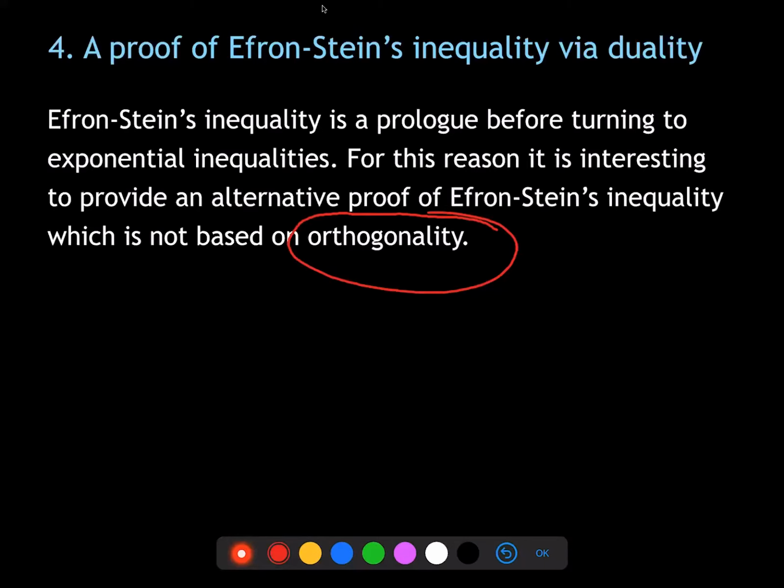So this is a nice proof, but which uses, in some sense, a trick which is fully adapted to the square, but it is no longer adapted to something else than the square. So we have to introduce another way of proving Efron-Stein's inequality if we want to generalize it on something else.